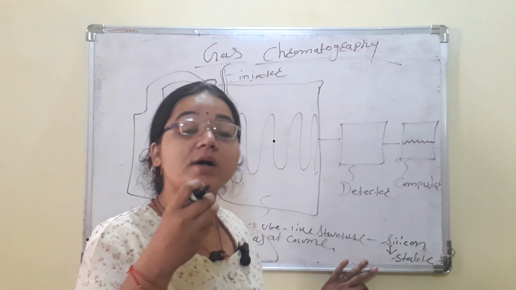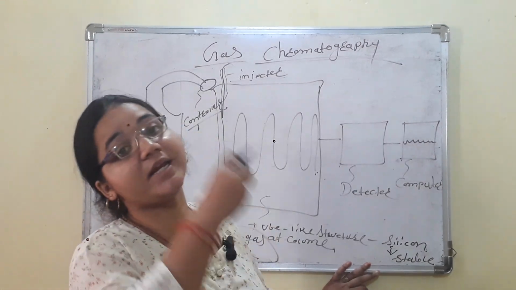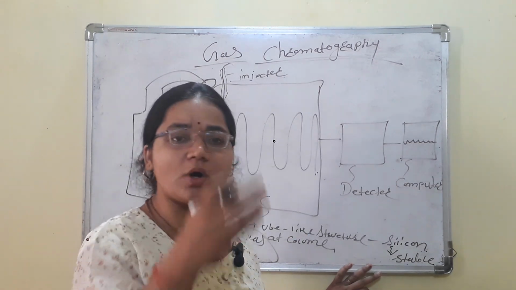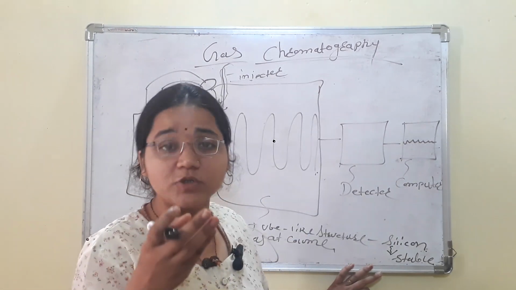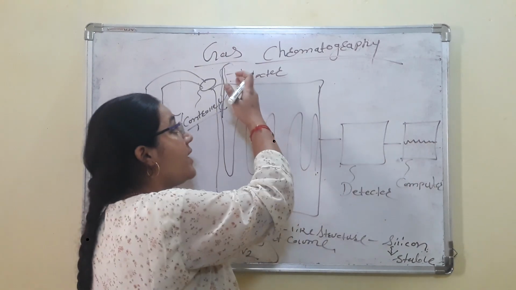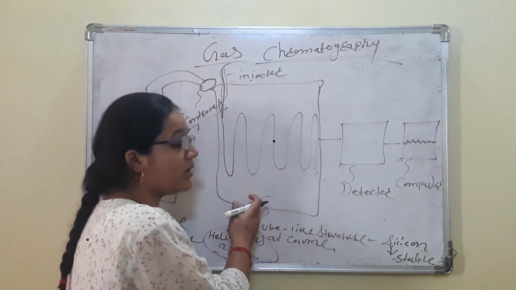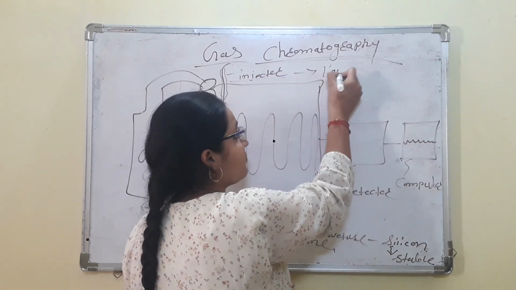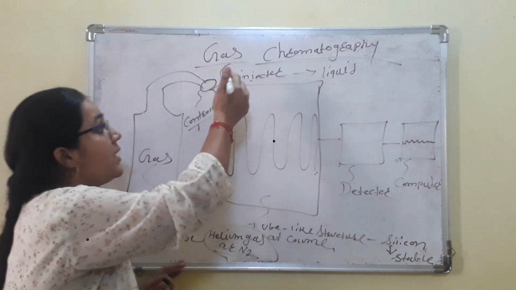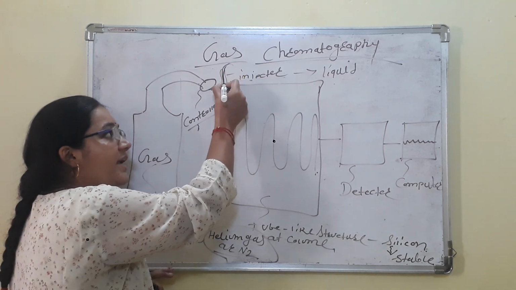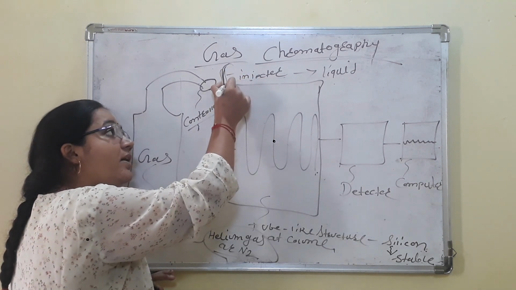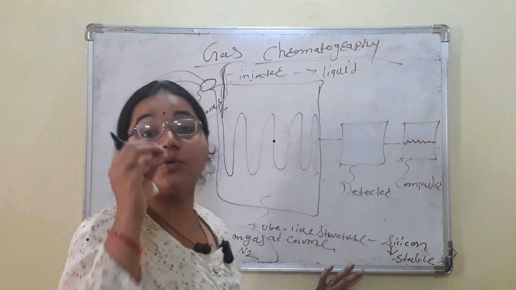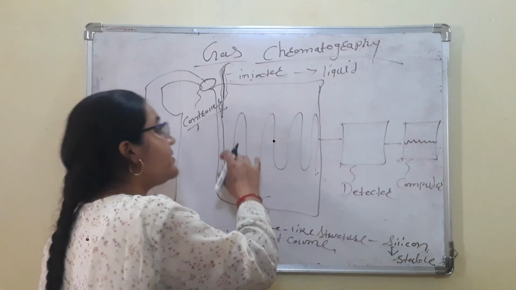A solid or liquid sample is easily converted into the gas form. For example, if the sample is in liquid form and enters the column, the column is at high temperature, so the liquid sample is automatically converted into the gas form.